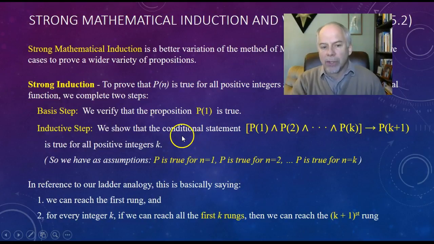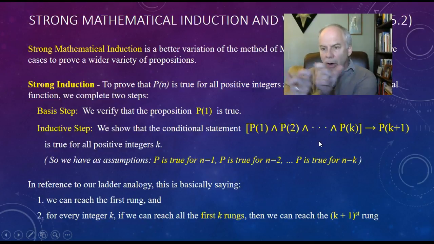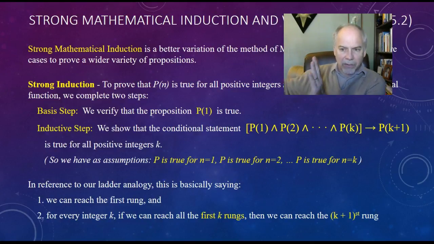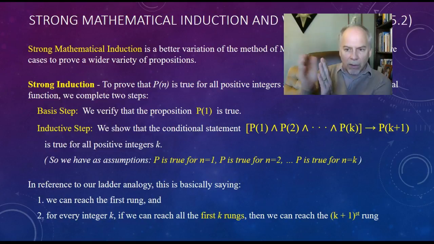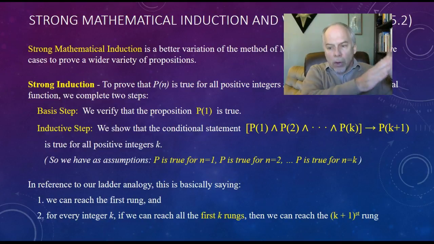Right. Then we show that the conditional statement P1 and P2 and P3 all the way to Pk implies P of k plus 1. In other words, knowing all those prior to the k plus 1th term are true, all the values from the first all the way to the kth step, if you know those, then you will know the k plus 1th step.